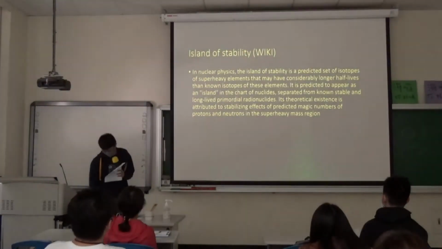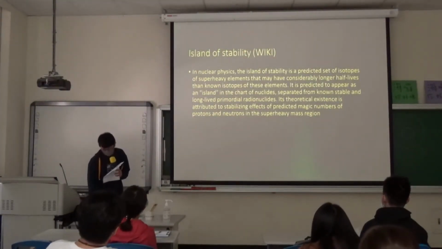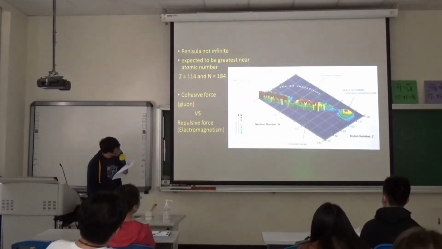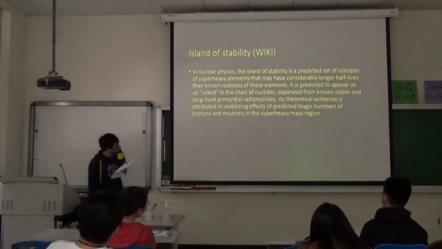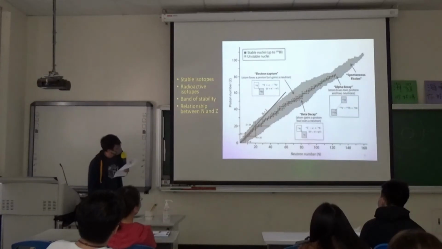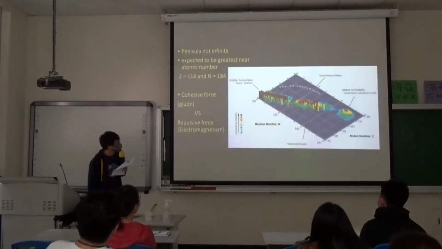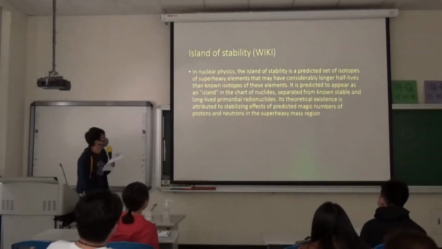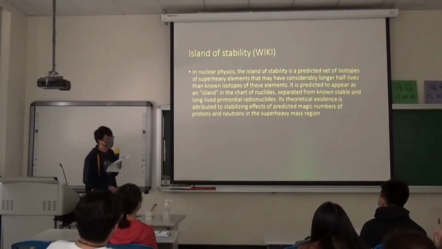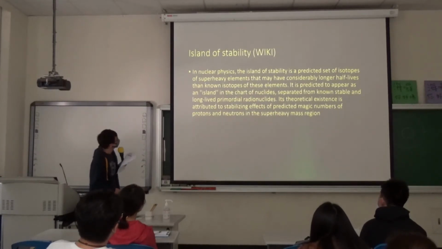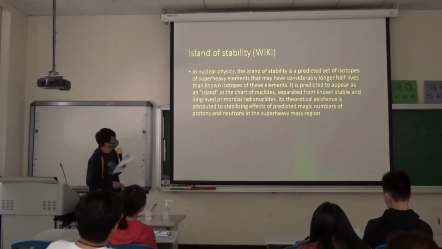I'm going to explain what the island of stability is, and it's a picture like this. I think it's the same diagram. So what is the island of stability? First, it's a prediction to find some super heavy elements.